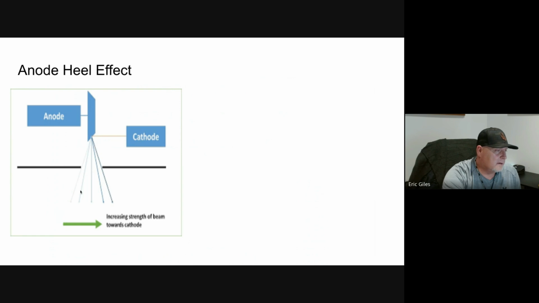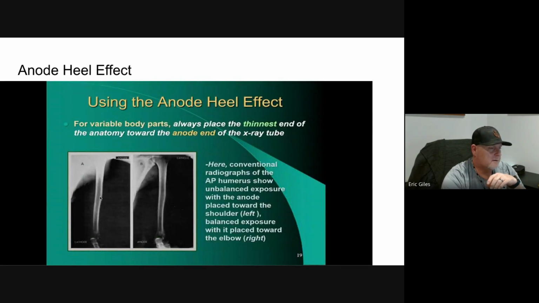So there's going to be less coming out the anode side than there is where the direct contact is on the cathode side of the anode. So this is basically what the anode heel effect is: less on the anode, more on the cathode. And let me show you how that can help you out.